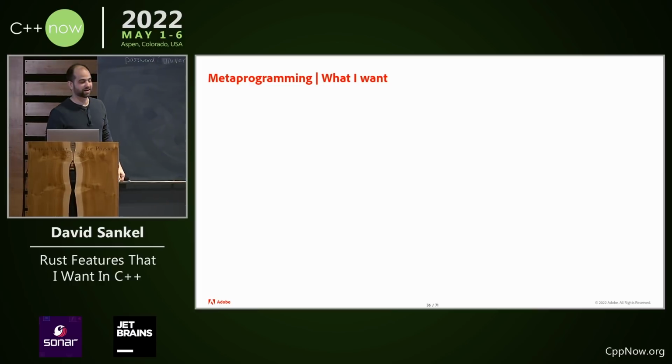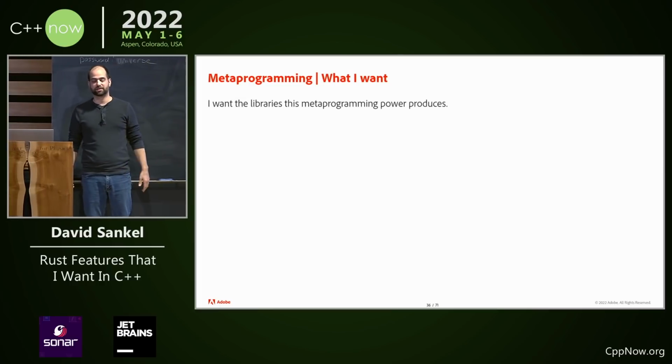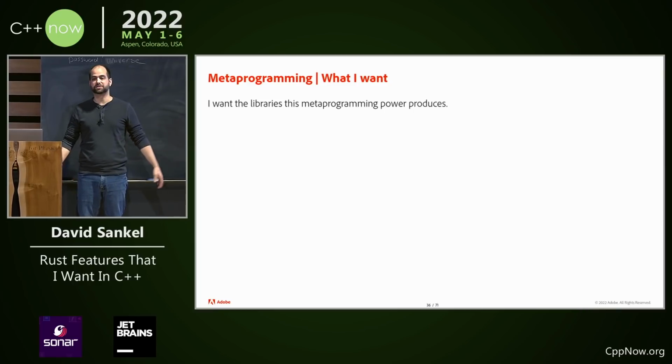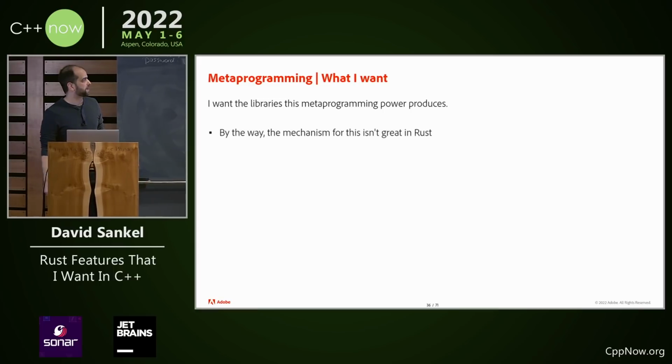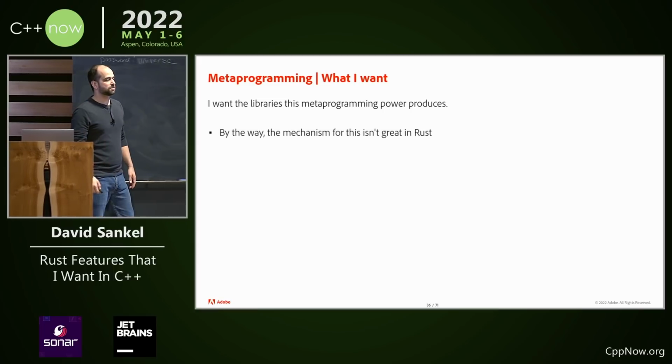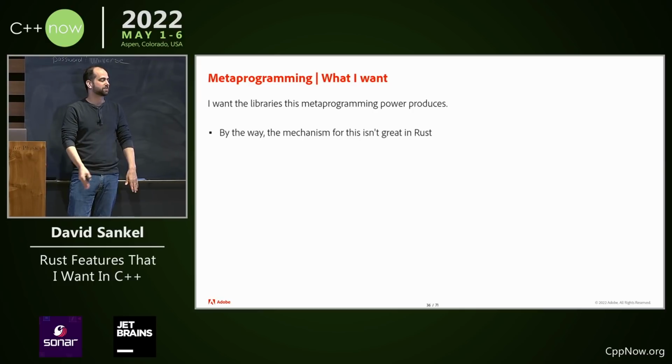What do I want out of metaprogramming? I want the libraries that the metaprogramming power produces. That's what I want. By the way, the mechanism for this isn't great in Rust. Even if you look at the Rust book in the section on macros, it tells you, hey, this isn't great, gives you some examples, and says we're working on replacing this.